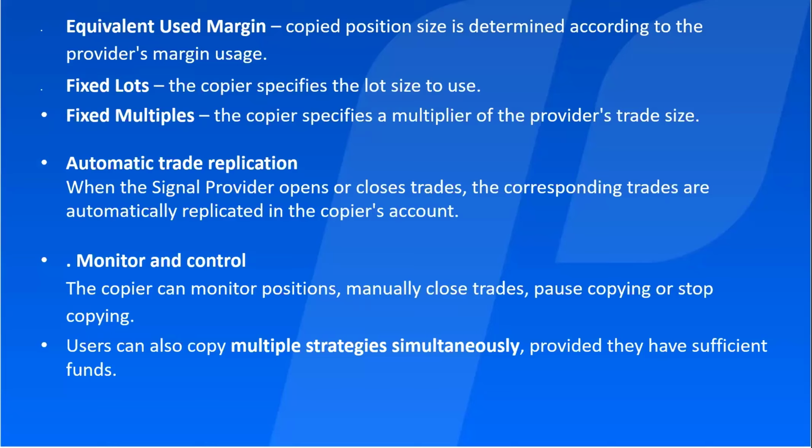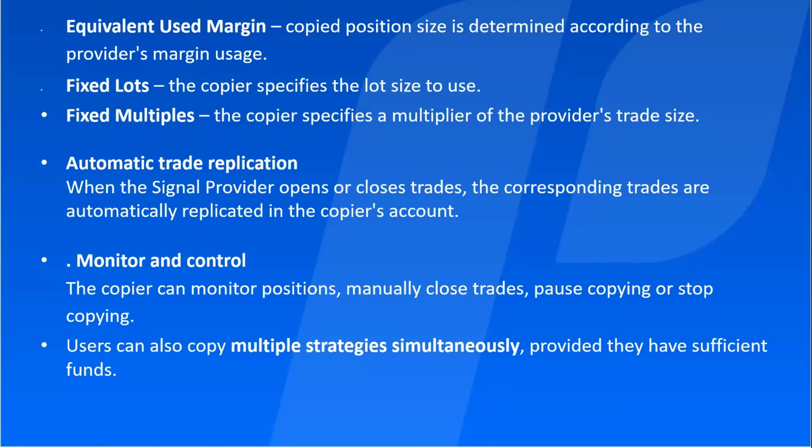In several cases, I have a client who connects their account to a signal provider and immediately says, oh, I'm seeing a trade already in that account. That's because immediately you connect your account, the trade is executed there, since there is a current trade on that signal provider's account.